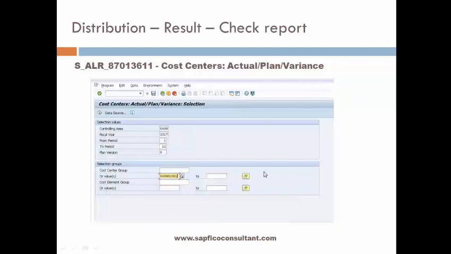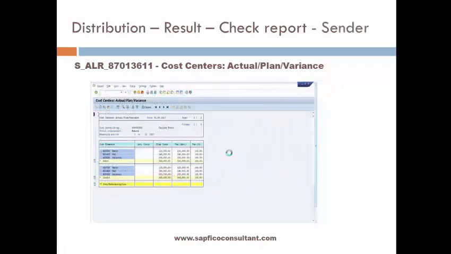Let us see the distribution results. Check the report. This is the standard report which we are going to use, 87013611, cost center actual plan variance. We update the fiscal year, period 1 to 12 and the plan version, and here we update the cost center. What we see is the cost has become 0 on the sender cost center.